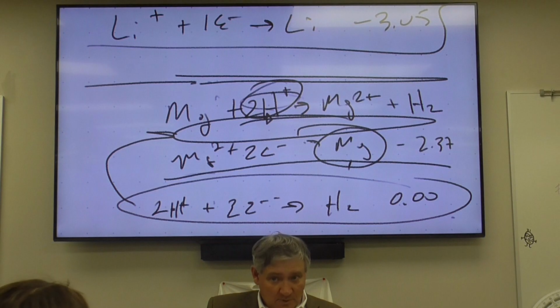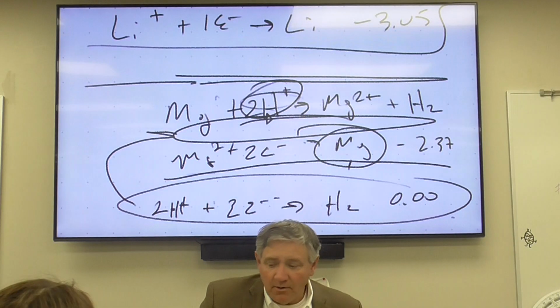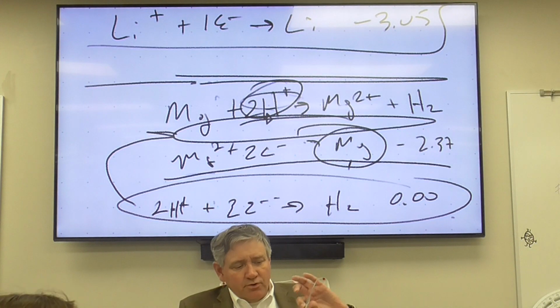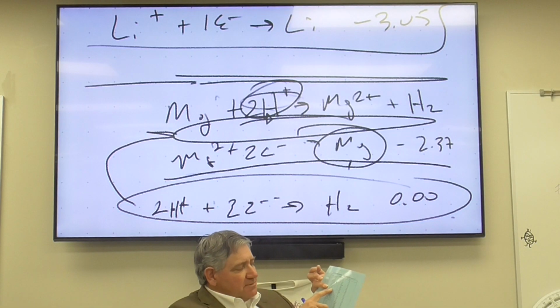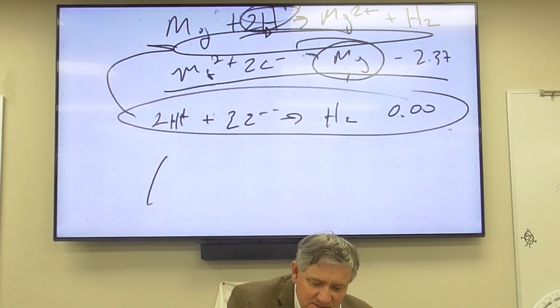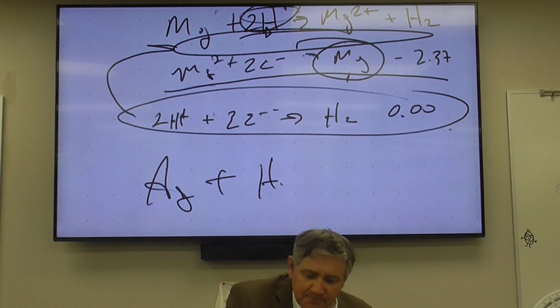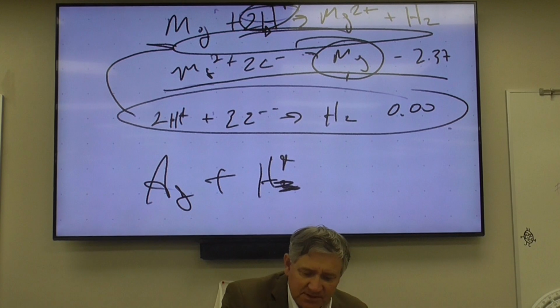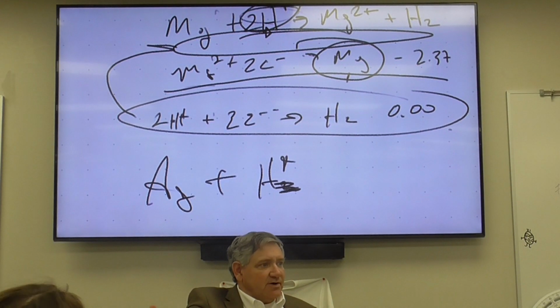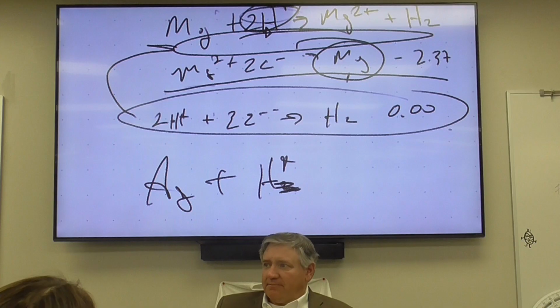Okay? Now, if you'll notice, way up here at the top, you have silver. Ag plus plus 1 electron. Now, if I take a piece of silver and put that into a solution of hydrochloric acid, what's going to happen? Nothing.